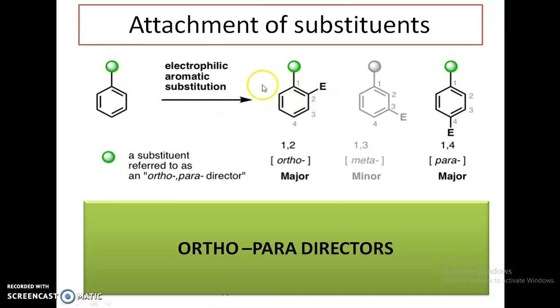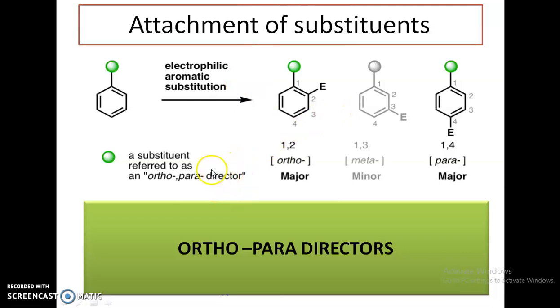So either I get an E attached at ortho, at meta to the green substituent, or at para to the green substituent. But in some cases, I get ortho and para as the major product. However, meta is a minor product. So in this case, the substituent is referred to as an ortho-para director.